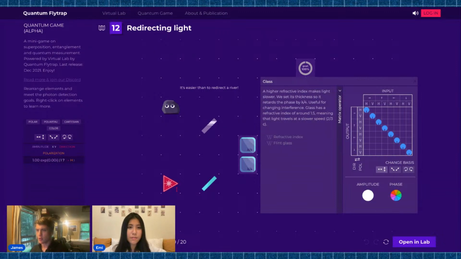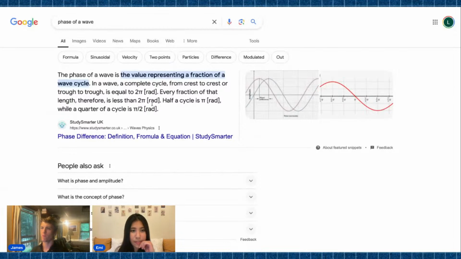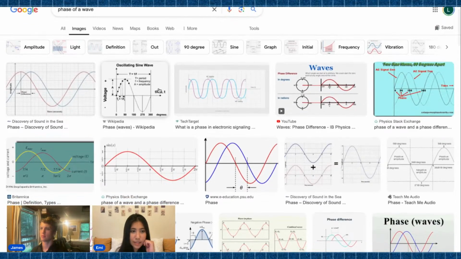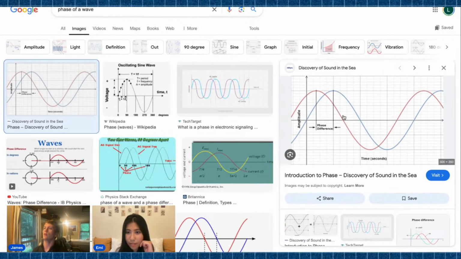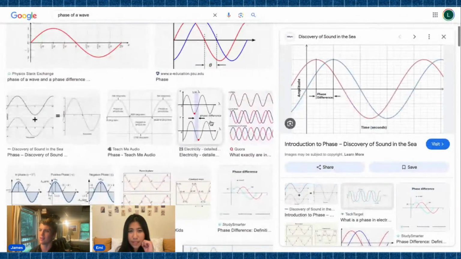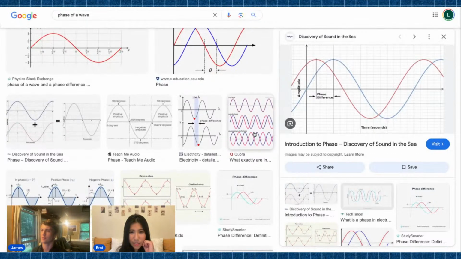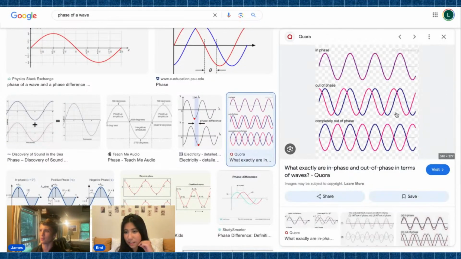Here is the phase of a wave. Here's the wave, and what we have is a phase difference. These waves are a certain amount out of phase. I suppose the best way to explain this is, oh, actually, this is a pretty easy diagram.